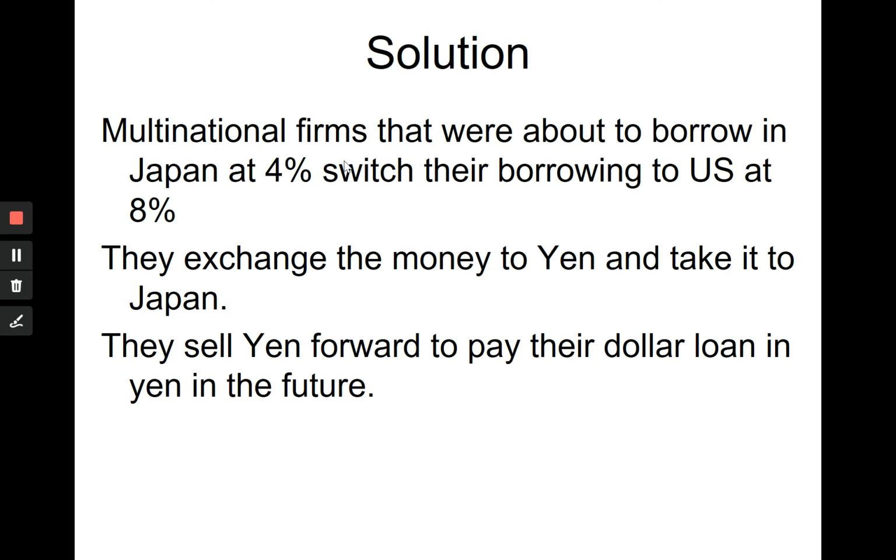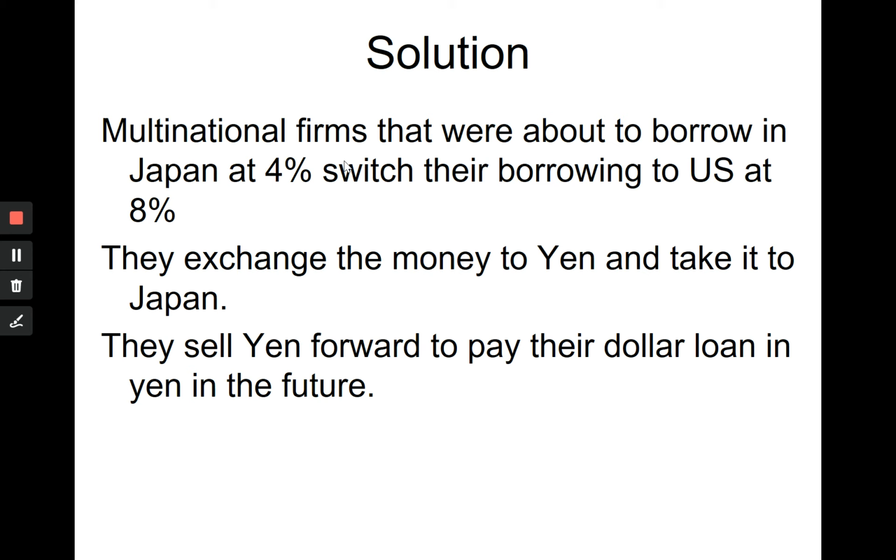So our solution for this problem, can we really do interest rate arbitrage, is you and I as individuals perhaps not, but large multinational companies can do it. Also, they don't have to do it exactly the way that this exercise is stated. A multinational company that is about to borrow in Japan at 4% interest rate could switch their borrowing to US.